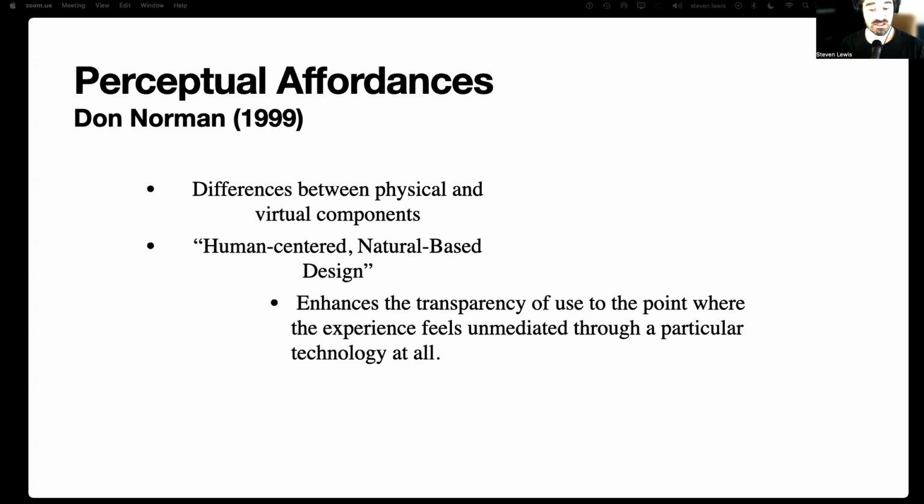To Norman, there is a distinction to be made between the affordances provided by physical components that comprise the computer or any real-world tool or environment, such as the keyboard, the trackpad, the built-in camera, just to name a few, compared to the options provided to the user through the design of computer software. This distinction informs his approach to human-computer interaction, which he refers to as human-centered, natural-based design.